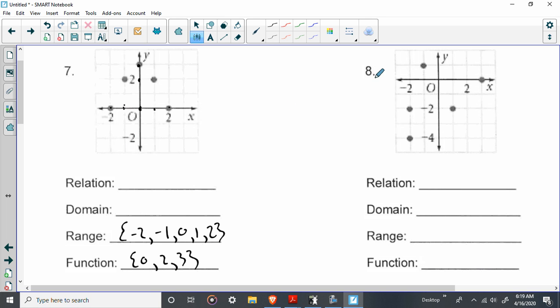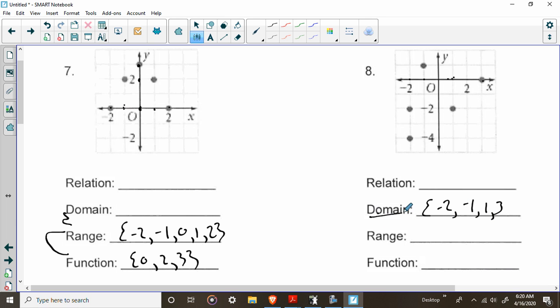All right, and last one, going across, for my domain I've got -2, -1, 1, and 3. Oops, I'm sorry, I put these in the wrong spot over here. So -2, -1, 1, and 3.